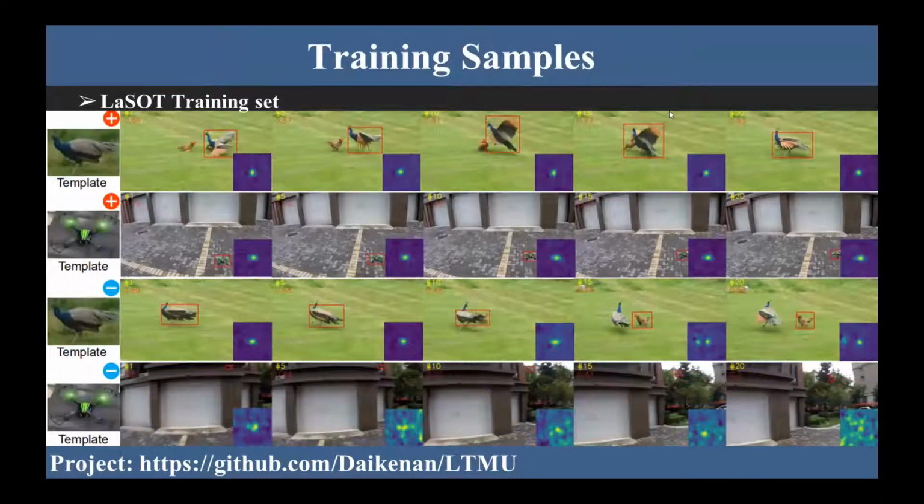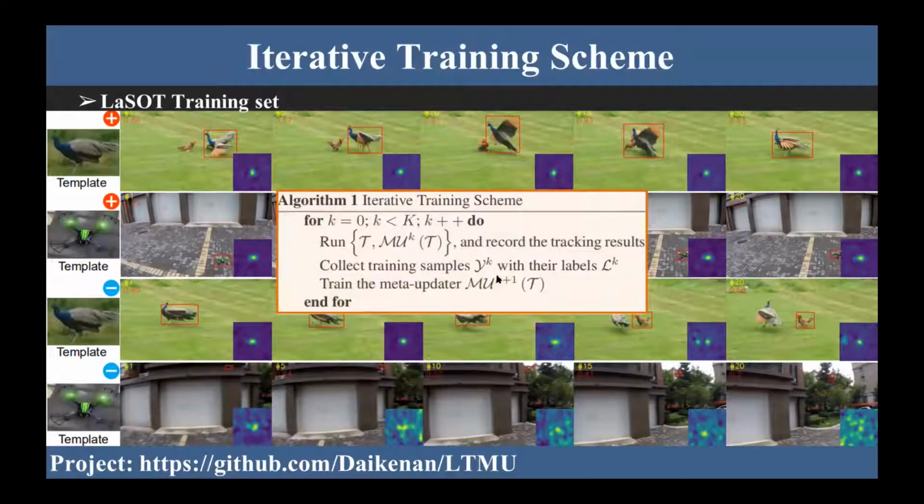And here we visualize the training samples of our meta-updater. And this is the training procedure shown here. We do this procedure iteratively until the meta-updater can work with the tracker perfectly. For more information, please refer to our paper.